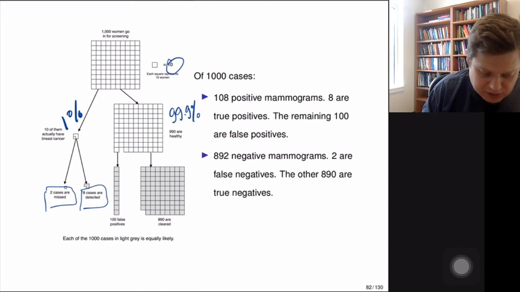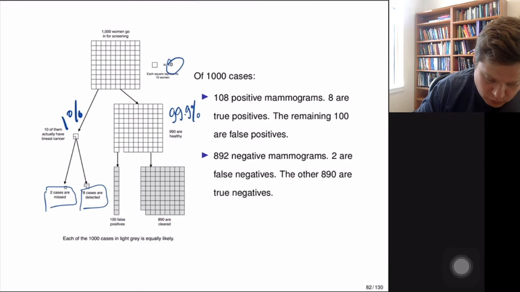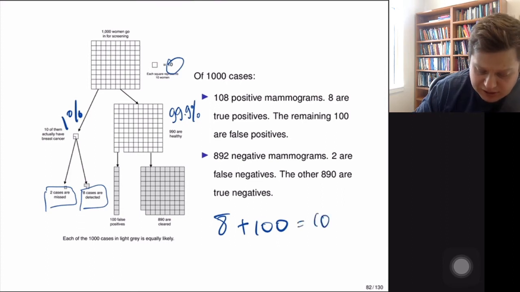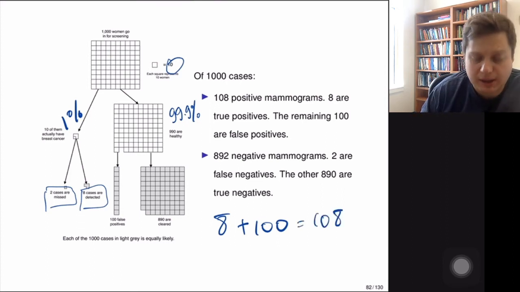Now, let's look at this. If we test all of those 1,000 women, we will have 8 women who were correctly identified, and then we're going to have 100 women who were incorrectly identified. So we're going to have 108 people who were labeled as having cancer, or who have a positive mammogram.